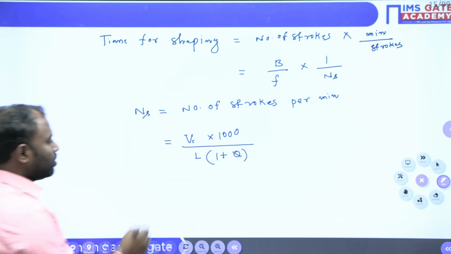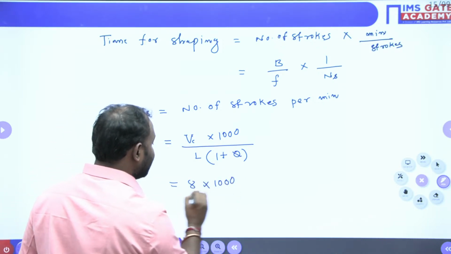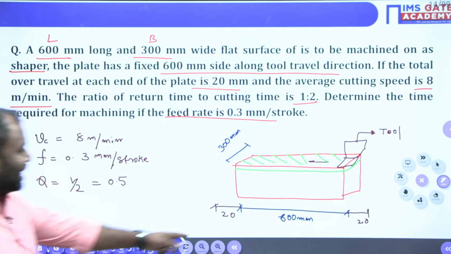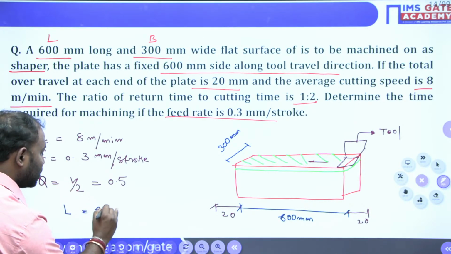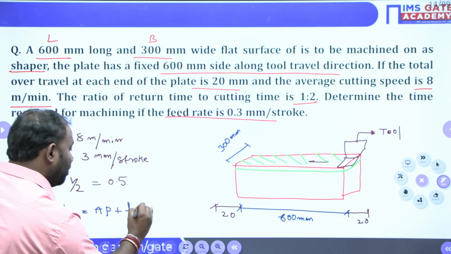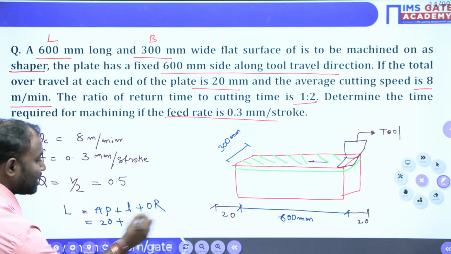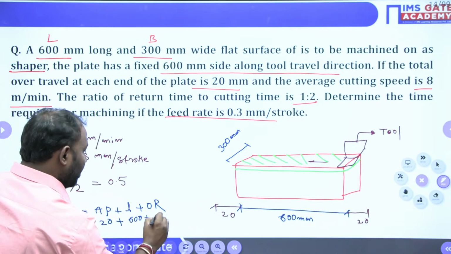Now the cutting velocity is given, 8 into 1000 divided by L. So now let us decide L. L is the approach plus the length of the job plus the overrun. The approach is 20, the length of the job is 600, and the overrun is also 20.